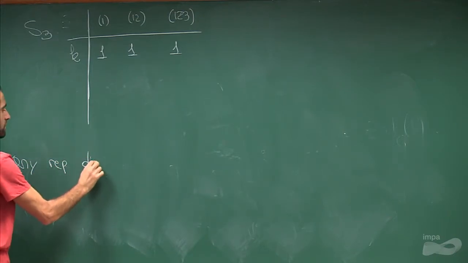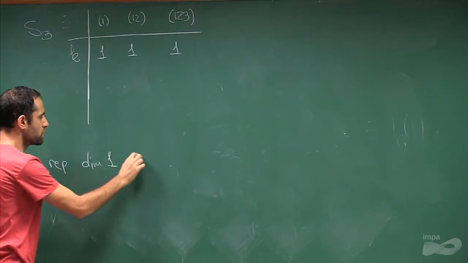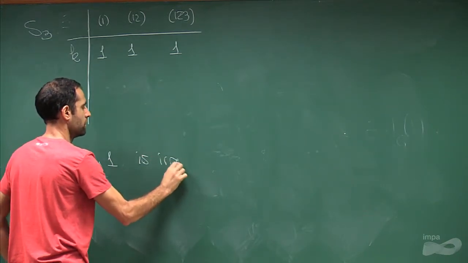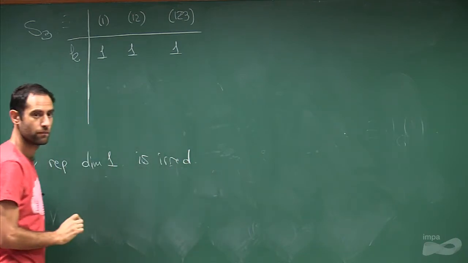Observation: any representation of dimension 1 is irreducible. So that's a good thing. Actually, we can say a little bit more. Not the set, but now I'm going to look at a category.